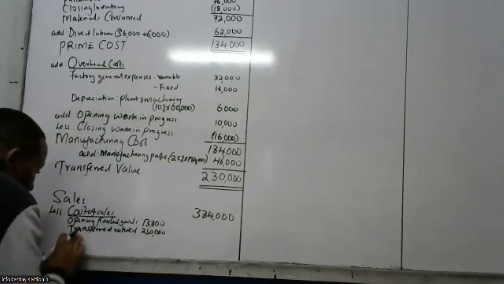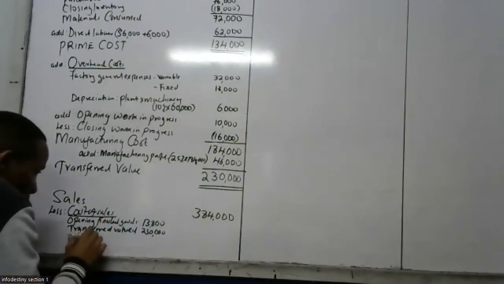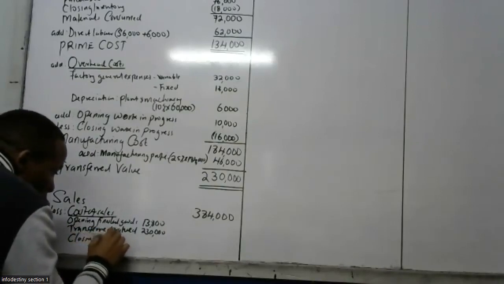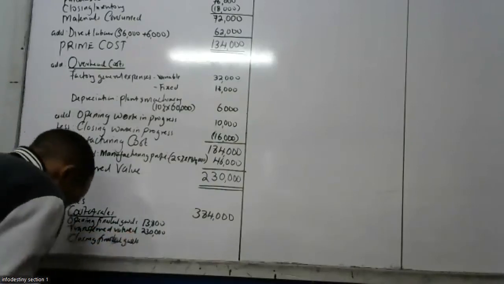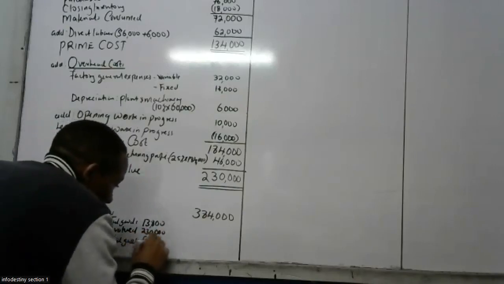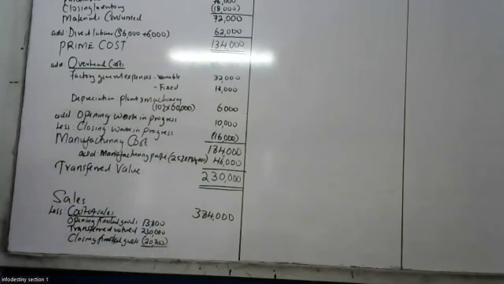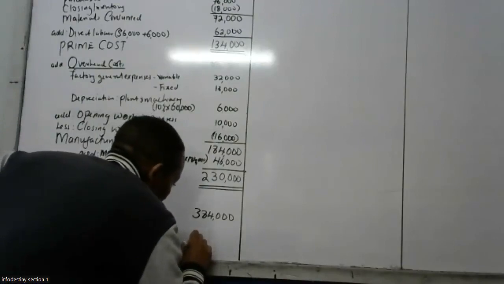Then we less the closing finished goods. And the closing inventory for finished goods is 2,700. So we have 13,800 plus 230, that is 243,800 minus 2,700. It's giving us an amount of 223,100.